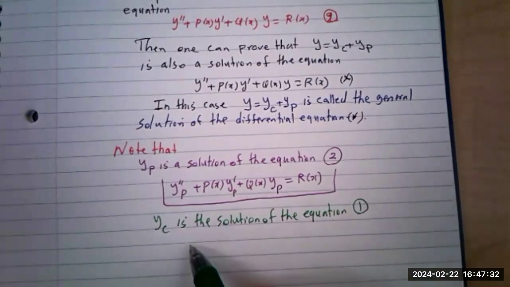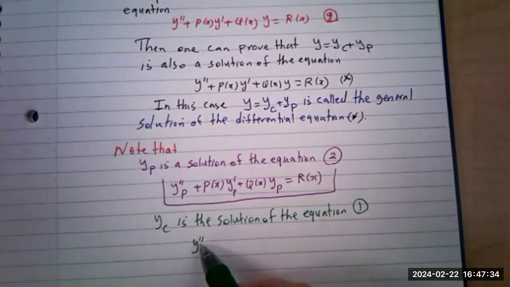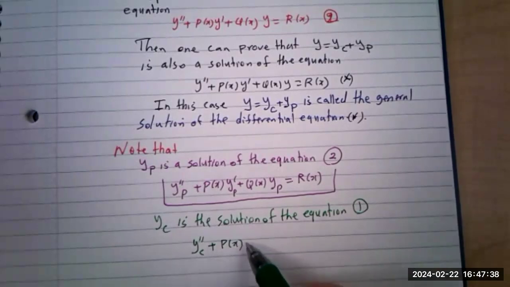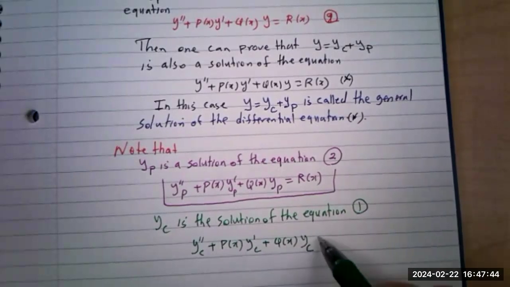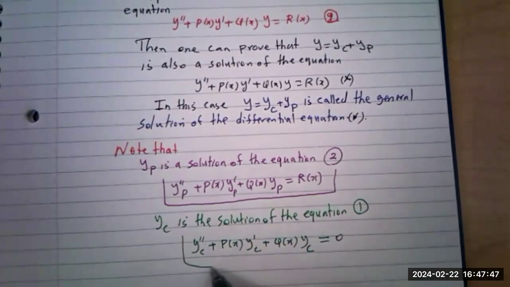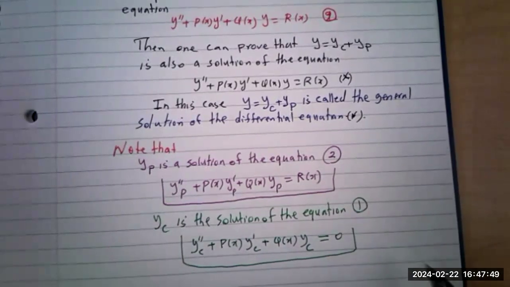So it must satisfy that equation. So y double prime of c plus p(x) times y prime of c plus q(x) times y of c is equal to 0.